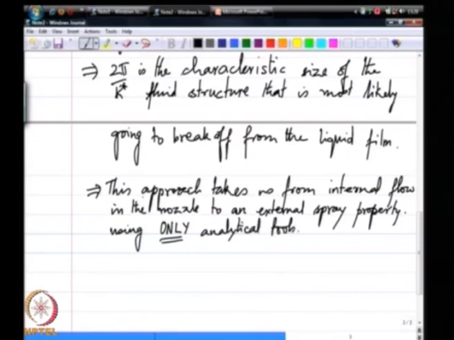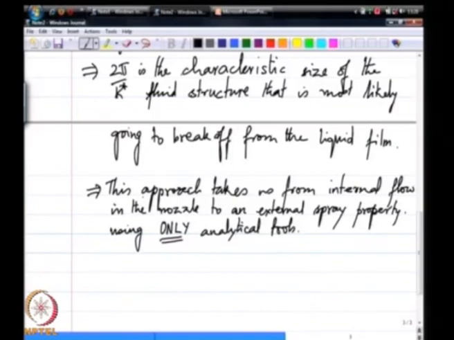Other than that 1.17 factor that we put in front of the CD equation, if you go back to the last lecture, everything else was purely analytical and the model worked even without the 1.17 correction factor. You are just off by about 15%, which is not too bad.